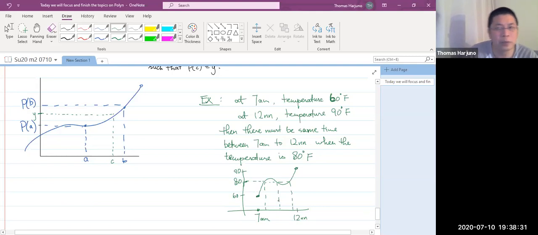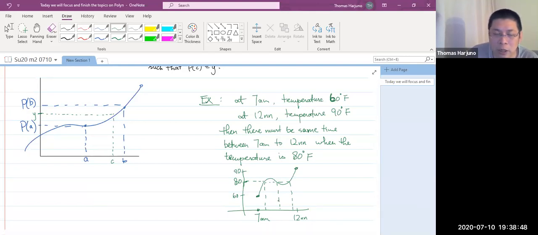Okay, because temperature, as we know, is supposed to be a continuous function. Now, the temperature may change dramatically, but still it doesn't change from, let's say, 60 degrees Fahrenheit, and then all of a sudden, in no time, jump to 90 degrees Fahrenheit. No, it won't happen.